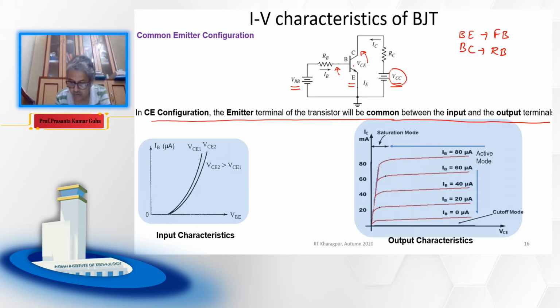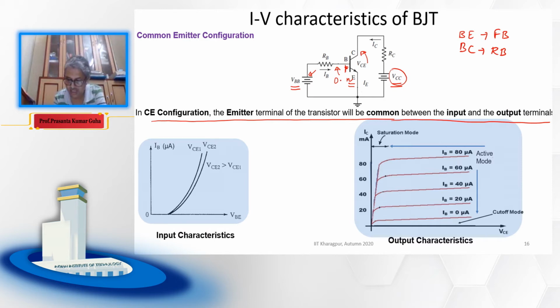So we need to figure out how this base collector junction is reverse biased. For the base emitter junction there is no issue, because the positive terminal, through this resistor, is connected to P and the negative terminal is connected to N. So this is forward biased if the voltage is sufficiently large, so that the voltage drop here is nearly equal to 0.7 volt. The base emitter junction is forward biased, it is easily visible.